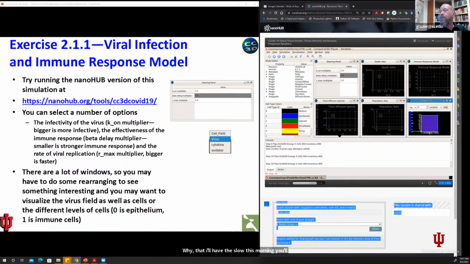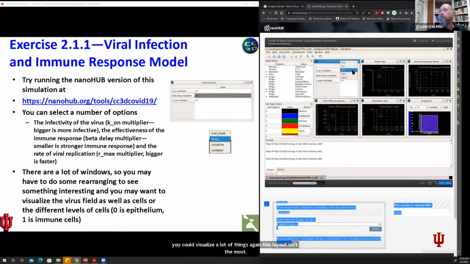You'll see we have the number of cells of different types, how many cells have died, how many immune cells there are in the system, how much virus there is in the system. So you could visualize a lot of things. Again, this layout isn't the most elegant, but you can play with it and see how it works.